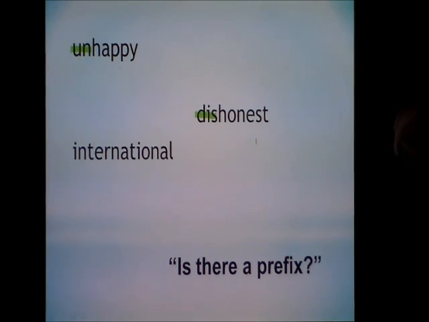Now look at this long word. This prefix doesn't mean not, it means between. And the prefix here is inter. So we've got international, between nations, international.